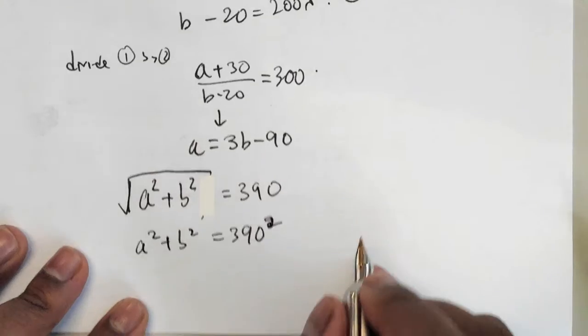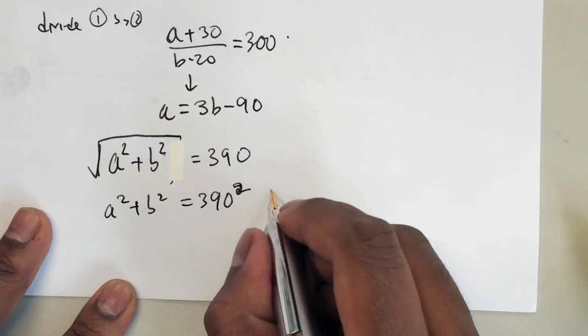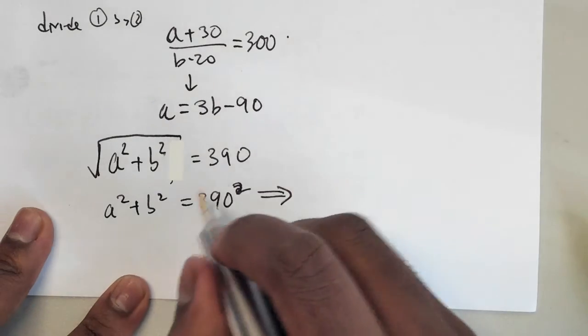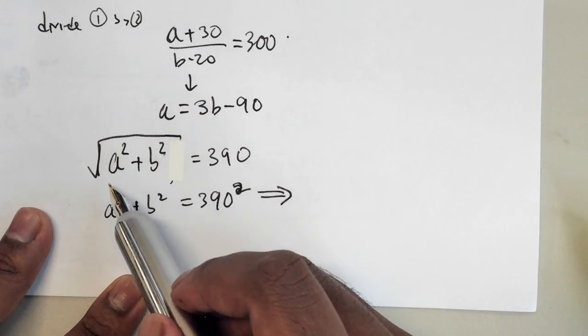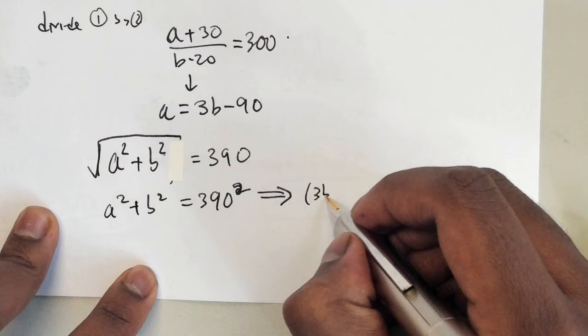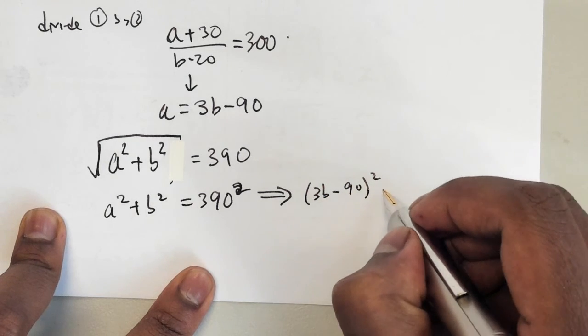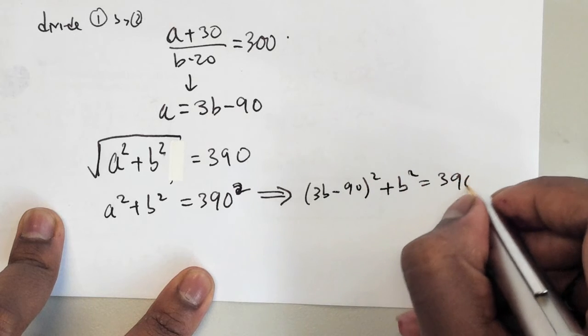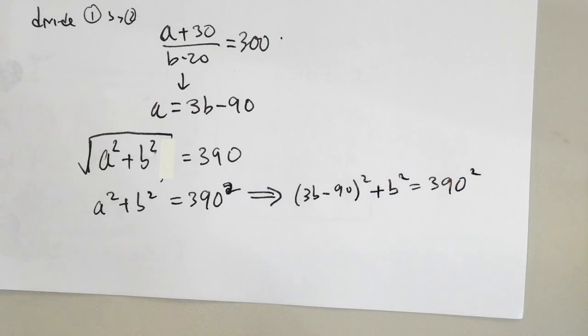I'm going to go this way, you can go down. And I'm going to substitute A with that one. So 3B minus 90 squared plus B squared equals 390 squared. And I can solve for B. When I solve for B though, I get two answers.